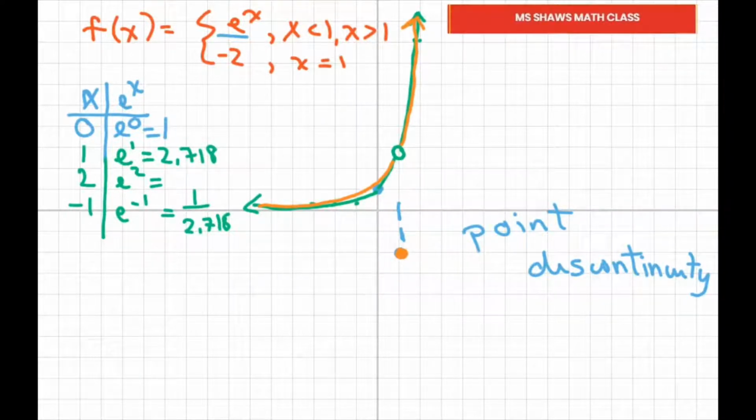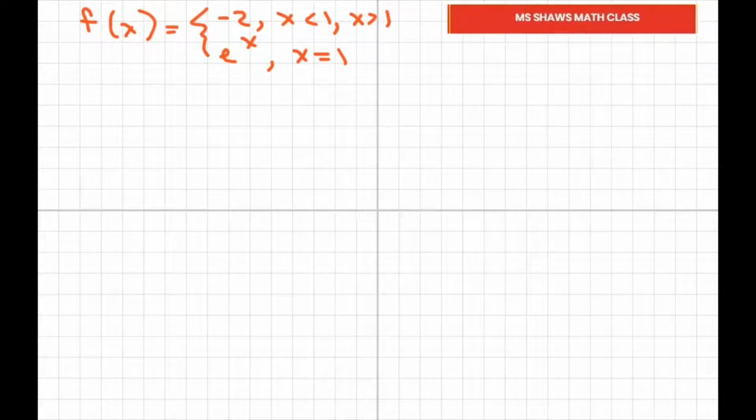Alright, and let's quickly graph the other one. So it's negative 2 everywhere but 1. At 1, it's e to the x, which is just 2.718. So that's solid. But at numbers smaller than 1, it's negative 2. So I'm putting negative 2 here, and I'm going to do an open interval here.